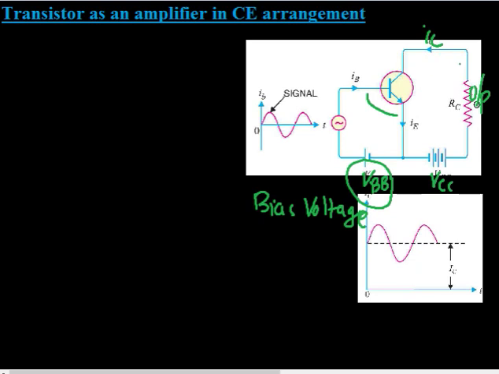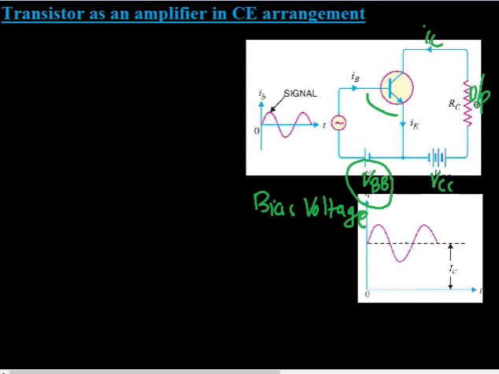This increased collector current flows through RC, which makes a greater potential drop across the output, so that we will have a greater output signal during the positive half cycle. And during the negative half cycle, the base emitter voltage will decrease, which in turn decreases the collector current, so that we will get an amplified signal as shown by the second diagram.